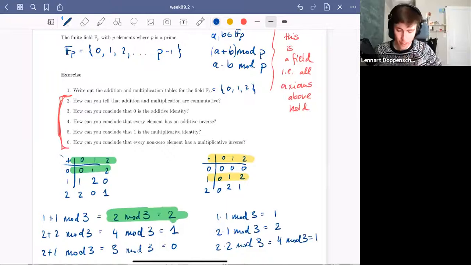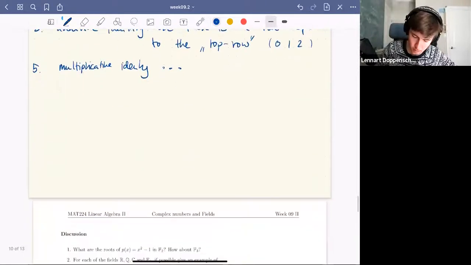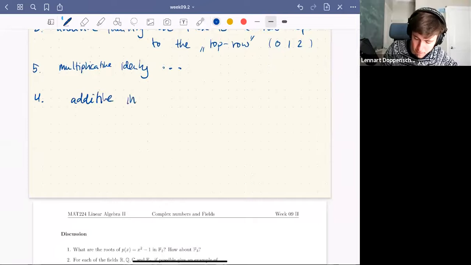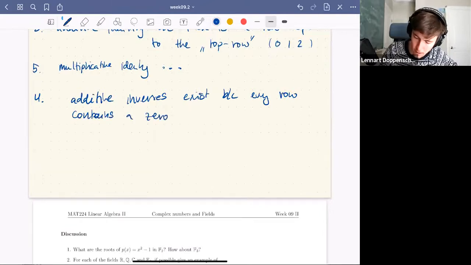And now we come to the inverses. This is something I want to mention before I end the lecture in a minute or two. This is important. So how do we see that there's an additive inverse? This is number 4. They exist because every row contains a 0.